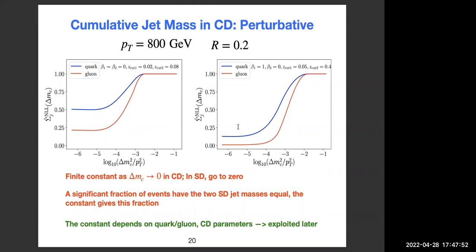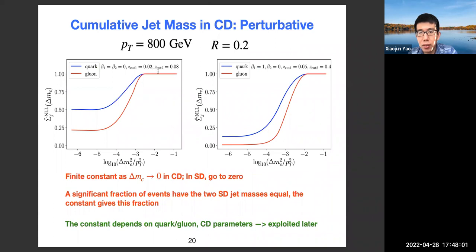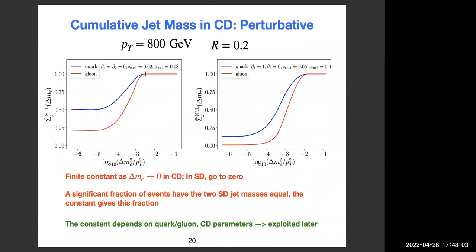And the feature that you observe over here is that if I take beta 1, beta 2 is 0, then for all values of z cut that you take, it still remains flat. The turnover, it looks like both of them have some sort of scale at which you start seeing the curve turning over.